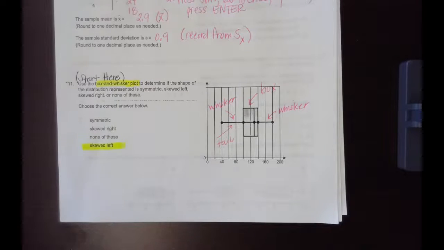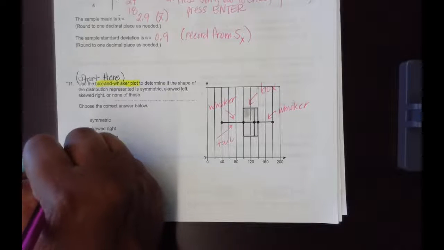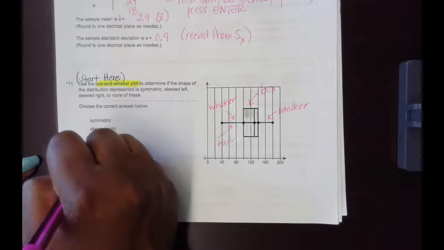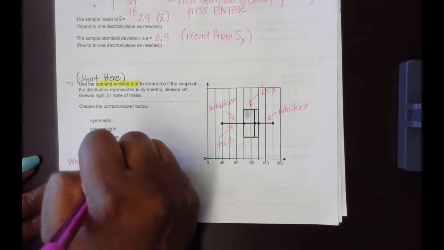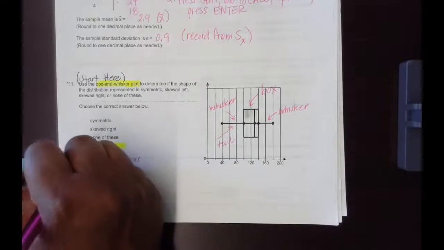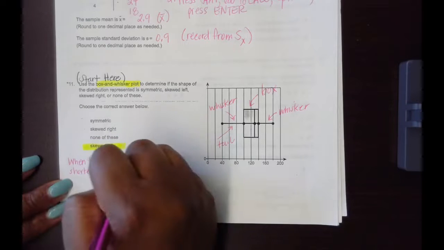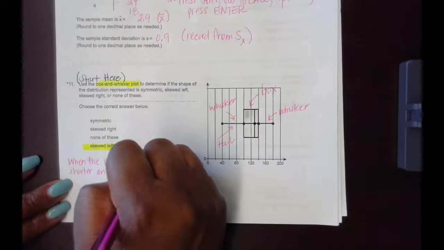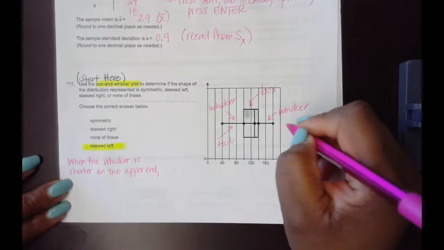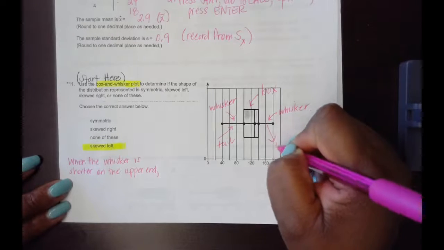So let's also put a couple of other indicators here, so that when I look at a box and whisker, we know when it is skewed right or skewed left. So since the whisker is shorter on the upper end, I'm going to write that. So when the whisker is shorter on the upper end, and that will be here, this being the upper end.